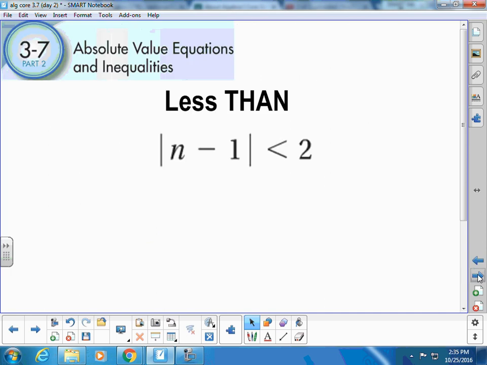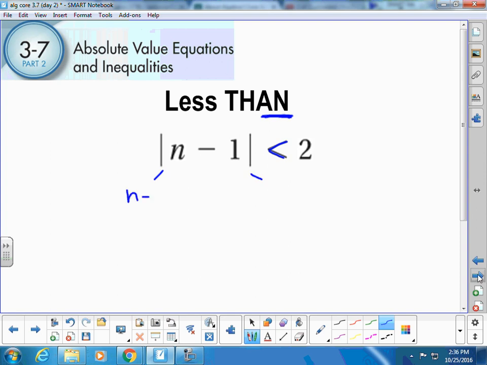So 3.7.2 part 2, absolute value equations and inequalities. I wrote here less than because the symbol is less than. I wrote the word "and" in capital because this is going to be an "and." So we still break these up into two cases.